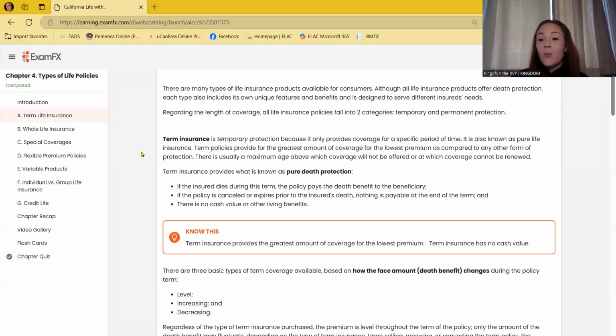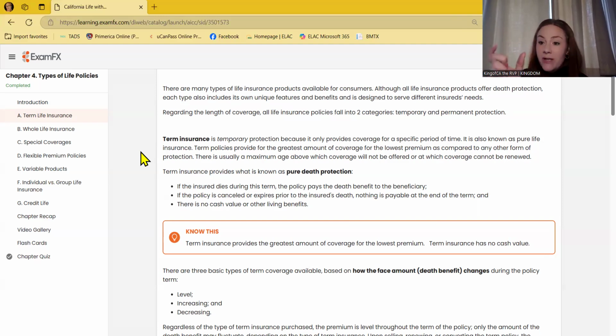And so we need to go over what those types are, and then what term is mostly used for in general, okay? So first thing, term life insurance is temporary protection. Okay, temporary protection. Whole life is whole life policy, like it goes your whole life, right? So it's a lifetime kind of a policy.